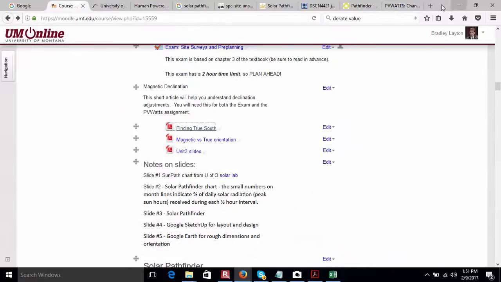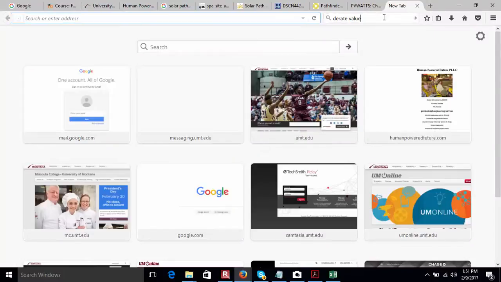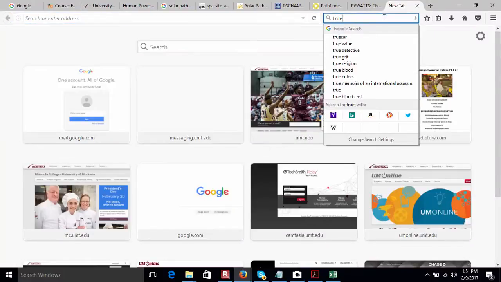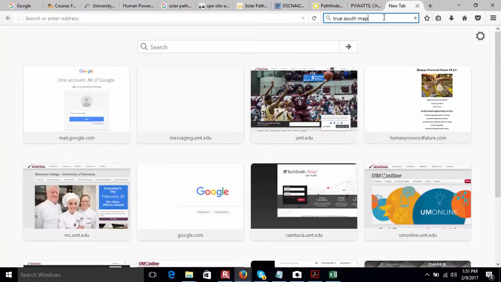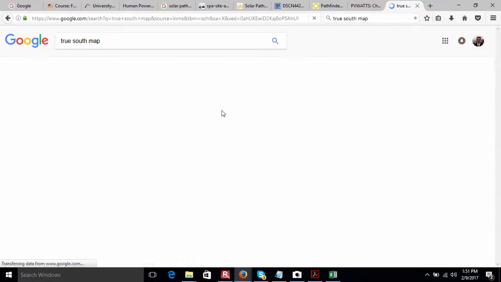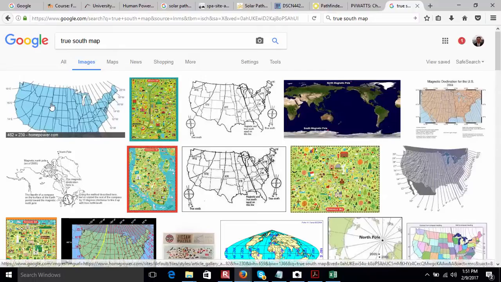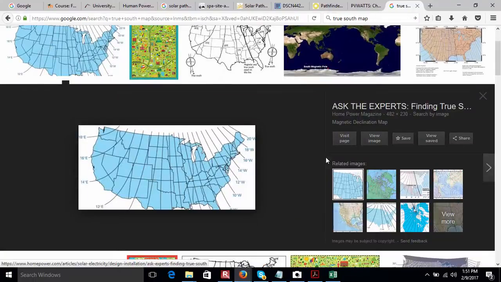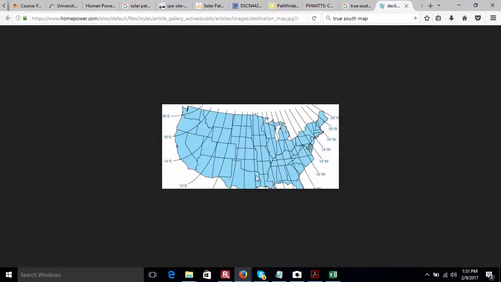Let's look up the map. Gosh, it's larger than I would have thought. So it might be on the order of 15 degrees off.